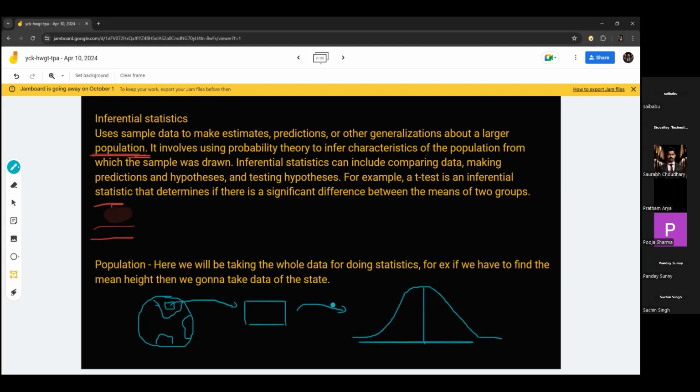What is the reason behind it? Why are we not calculating the data from the whole universe? Any reason for that? Any answers?